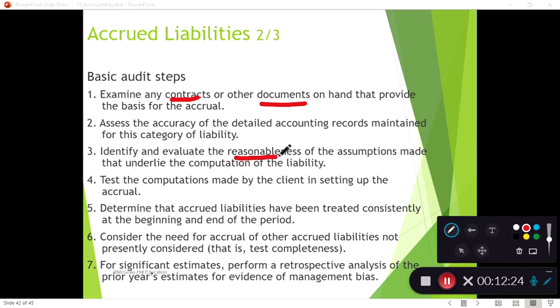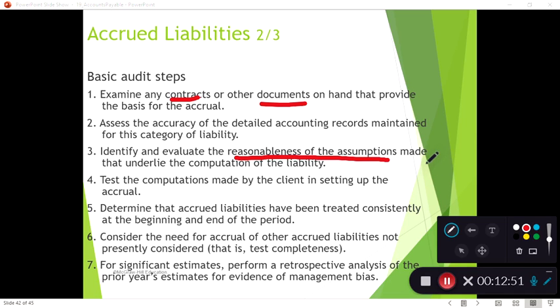And then if there are any assumptions being made, I'd evaluate the reasonableness of them. So, for example, the company I worked at just used the last month's utility bill and accrued that amount for the prior month that they hadn't received a bill for yet.